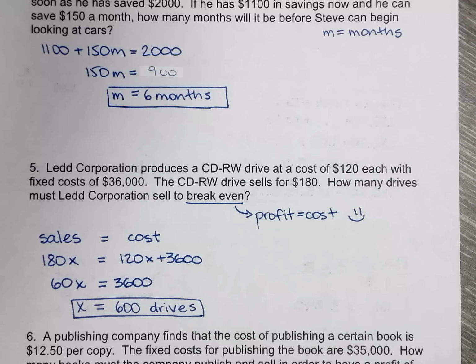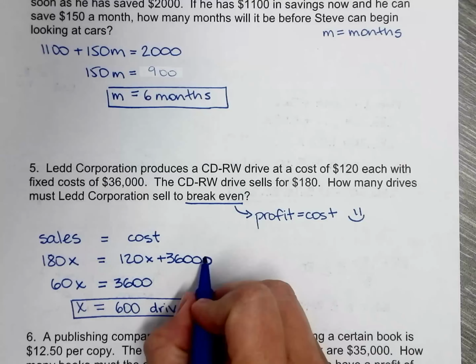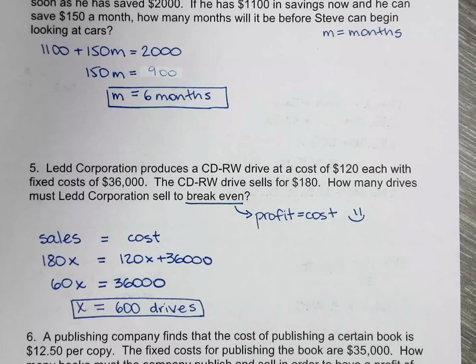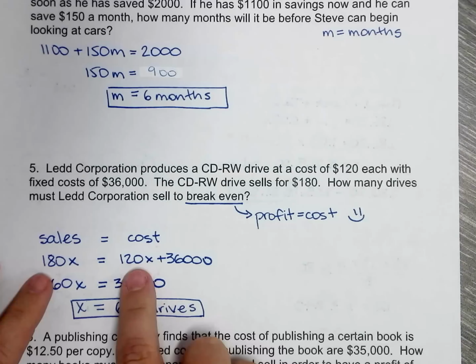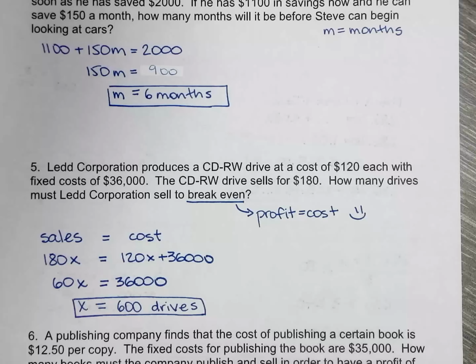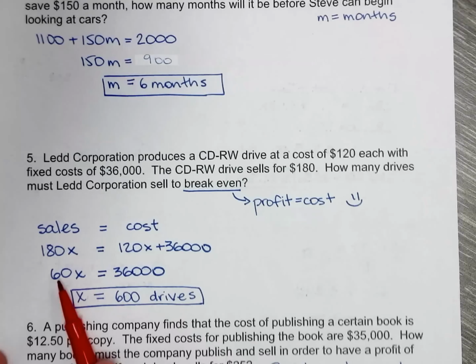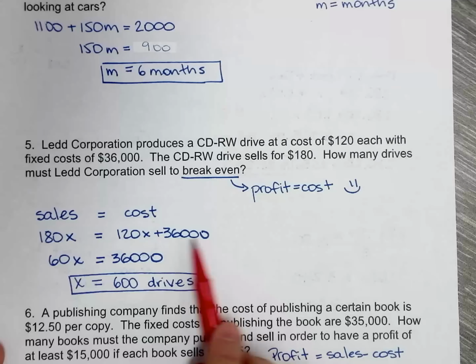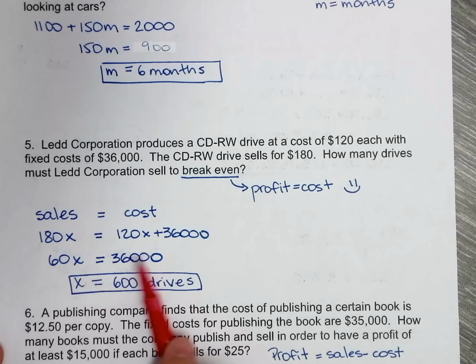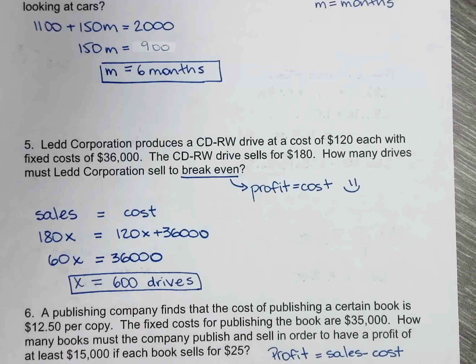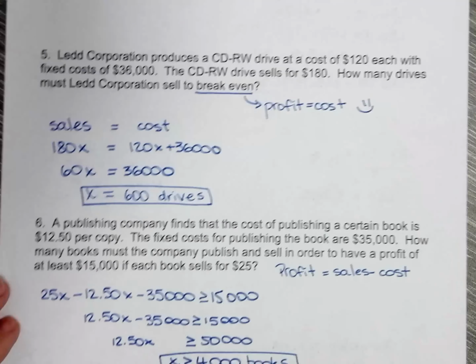That's the fixed cost. So take away 120x from both sides. You get 60x. Bring 36,000 down. Divide both sides by 60. Then you have 600 drives that will make LED Corporation break even. They don't make any money, but they didn't lose any money either.